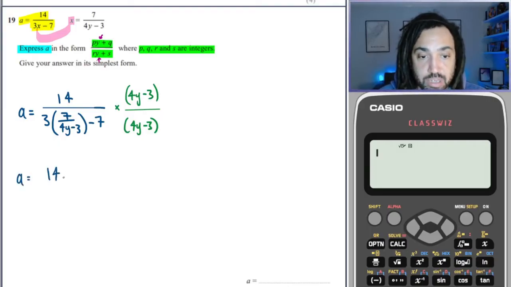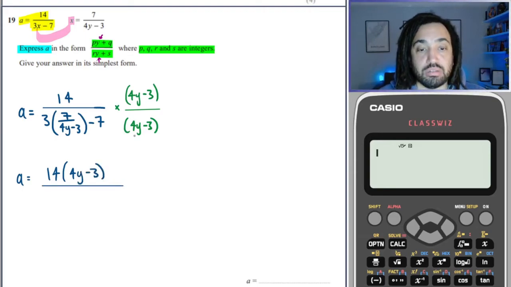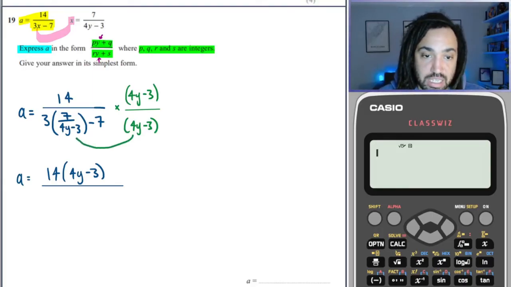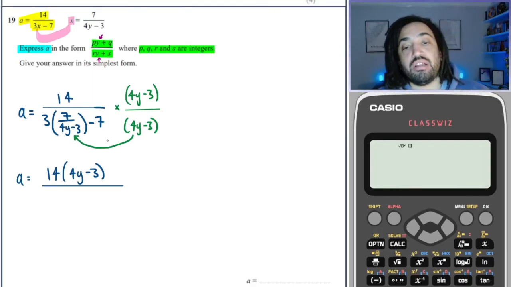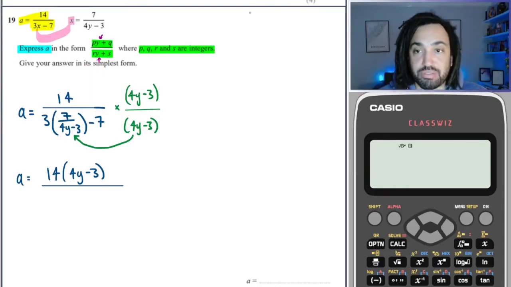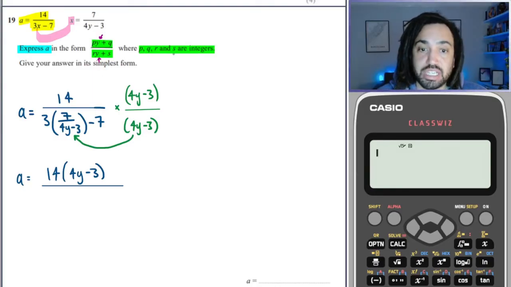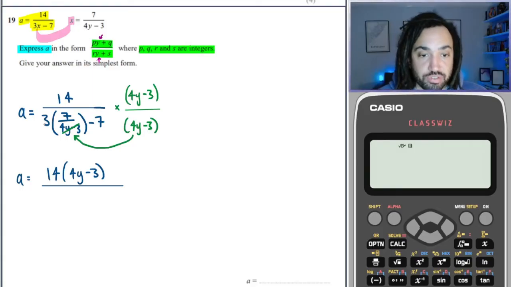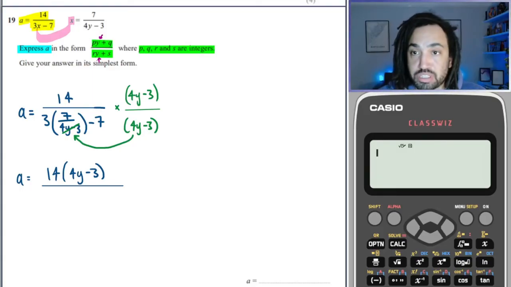Right, so the top becomes 14 lots of 4y minus 3. Now, when I multiply this green bracket into this term here, that is going to cancel this denominator because we're timesing and dividing by the same thing. So this gets cancelled, and what's left over is just the 3 times the 7, which is 21.